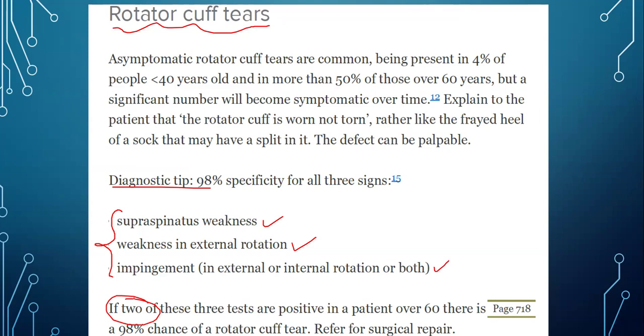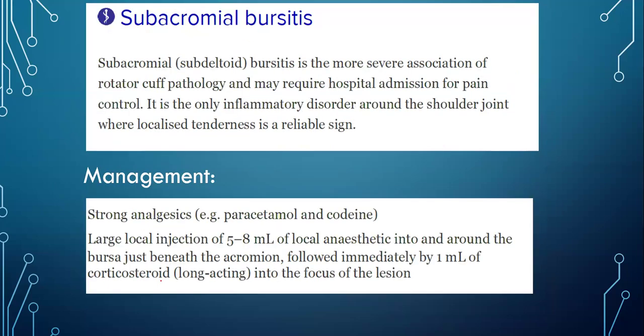Again, supraspinatus weakness, so unable to do shoulder abduction, painful external rotation, and impingement. Okay. For that patient, you do an ultrasound first, and if you find a tear, you send them for surgical repair.